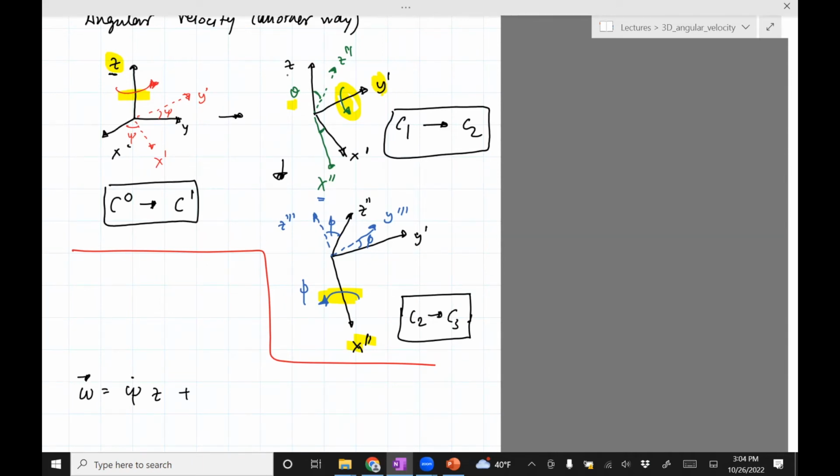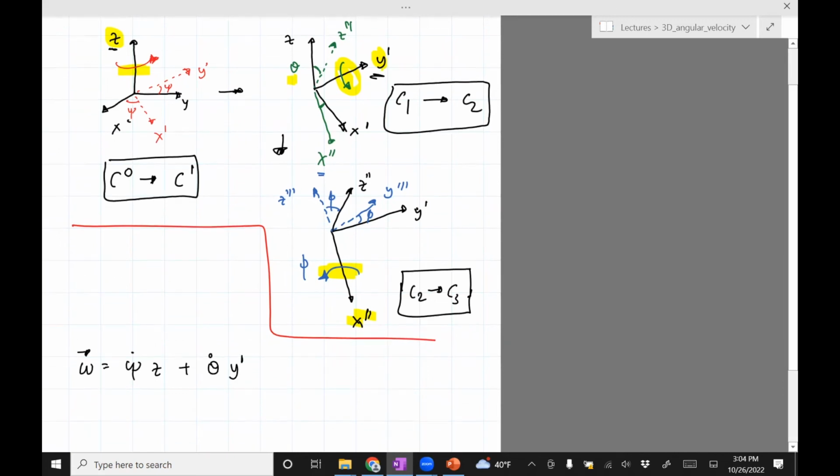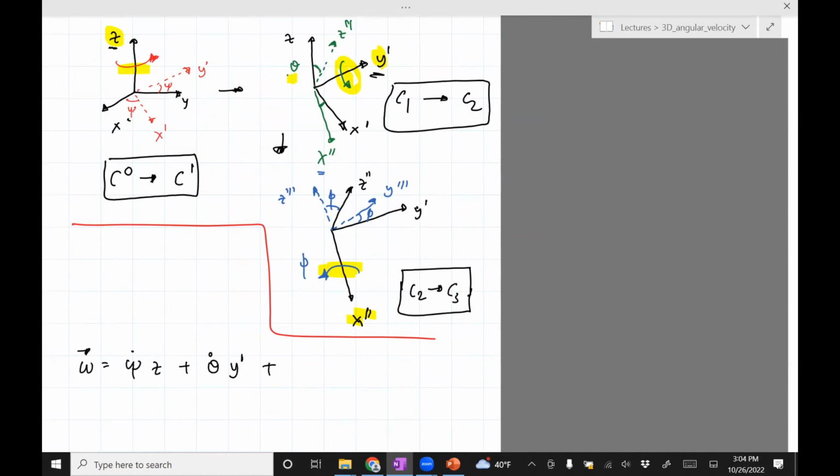Next one is about this new y, and the rotation is theta dot, but it's about y. And then the final one is phi dot about x. Right? Okay, so although ijk is not true, this is true because these rotations are over the new axis.